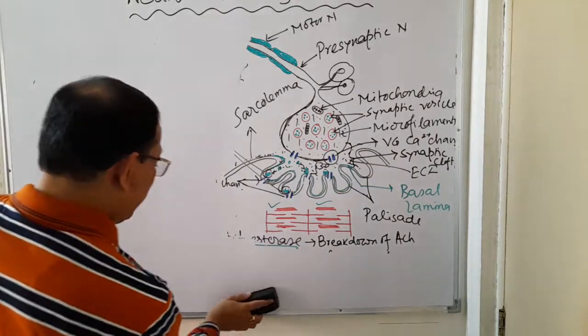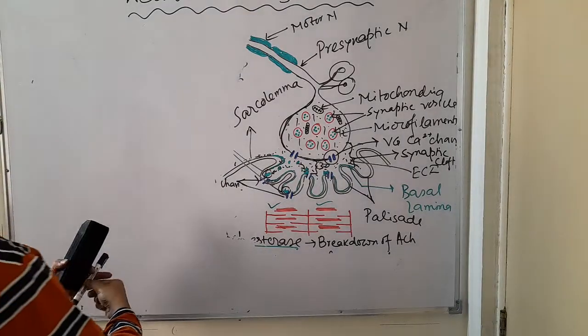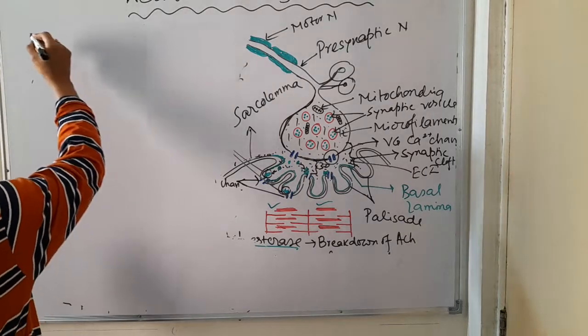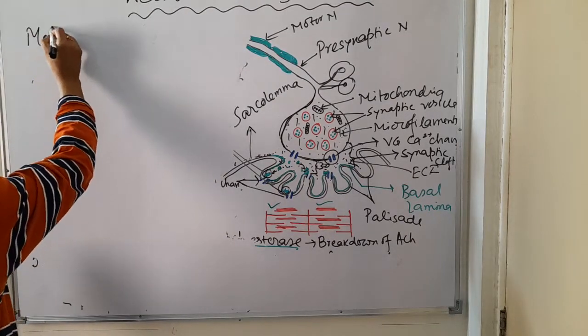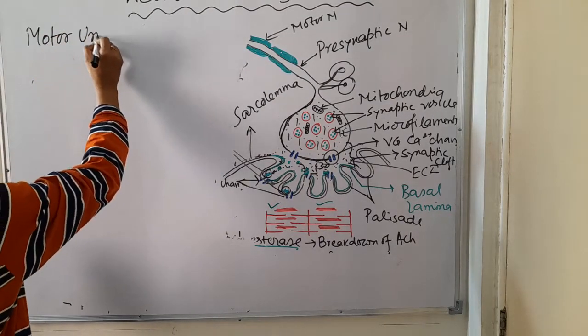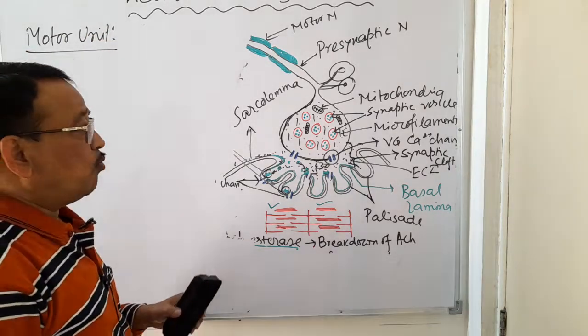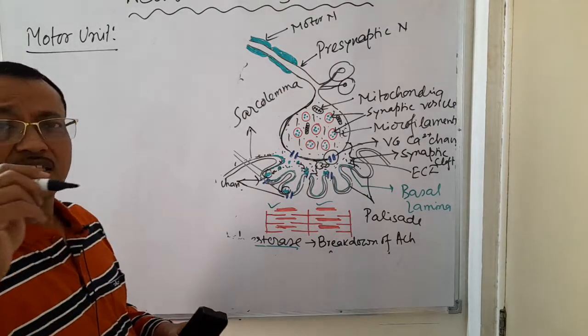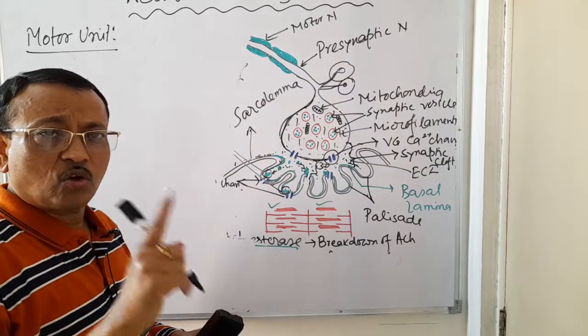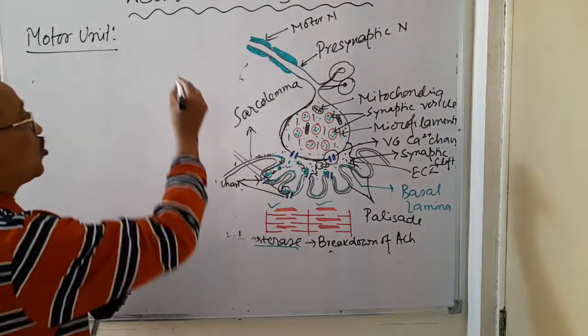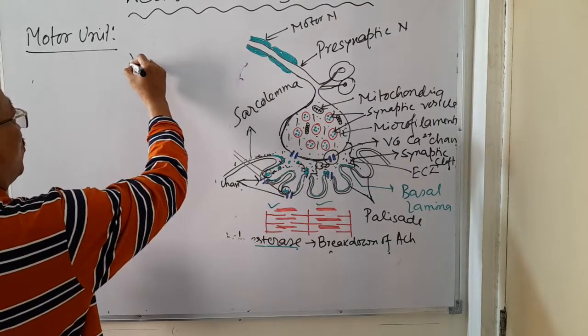What is another term that is associated with this neuromuscular junction? That is known as the motor unit. So what is this motor unit? Motor unit is the single motor neuron.